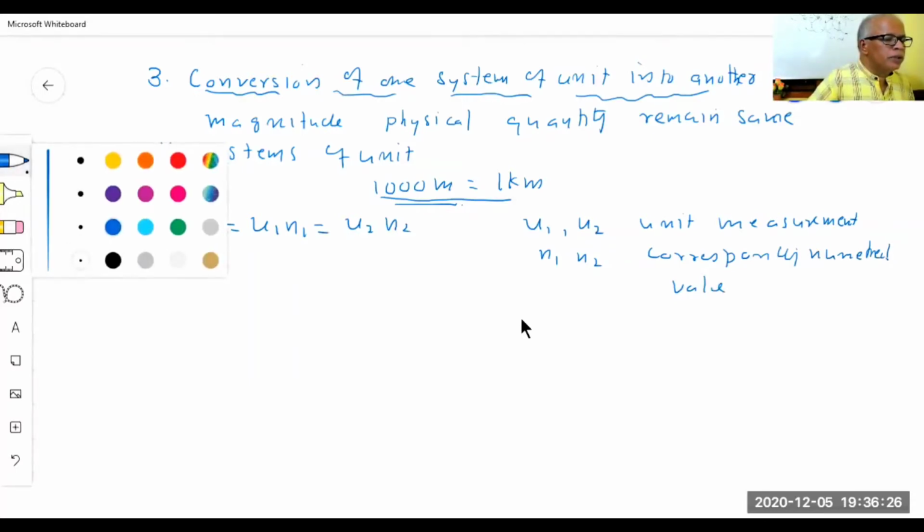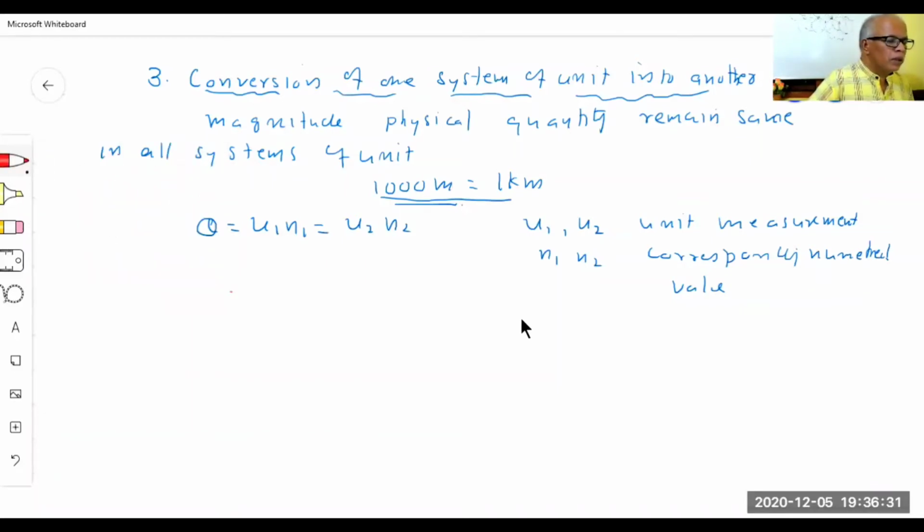Then what we will do now is derive an equation for it.